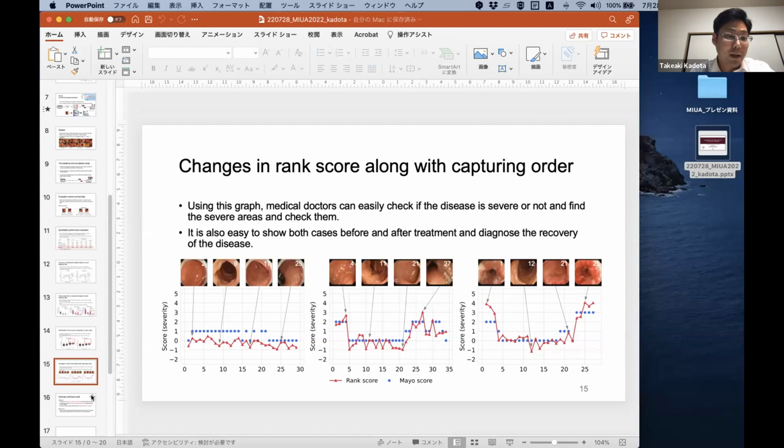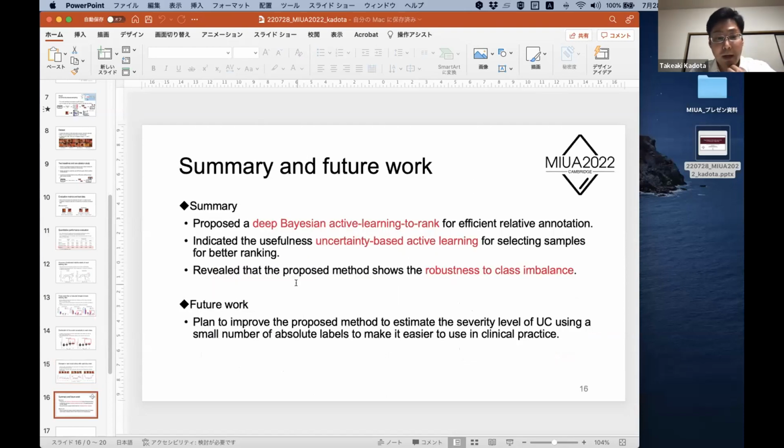So in future work, we will combine learning to rank and regression to calibrate the rank score to the Mayo score.